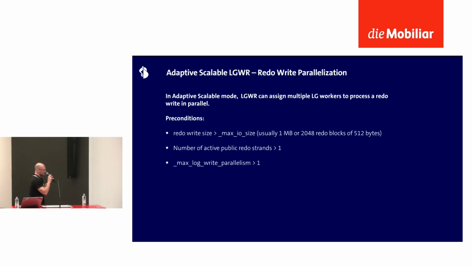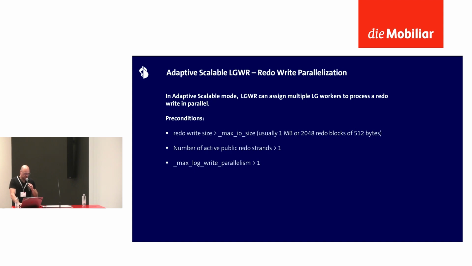And interestingly, the second factor that caught me by surprise, we must have more than one public redo strand in use. And the public redo strands only get activated when there is contention on the redo allocation latches. By default, if there's just a single process filling redo into the redo log buffer, writes will very likely not get parallelized.